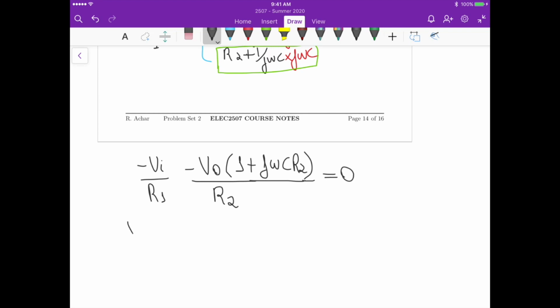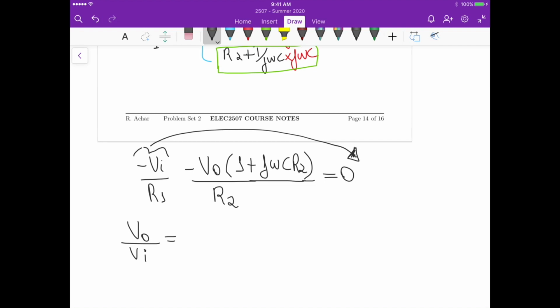So now if we isolate V out over Vi, right, we can just pass this one here to the right hand side, and then we divide both sides by Vi.